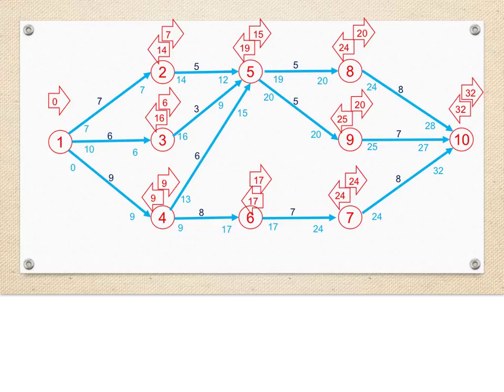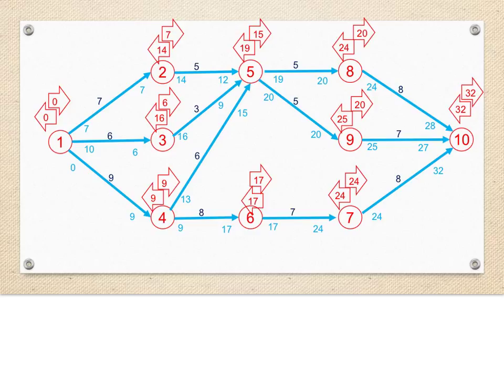We subtract durations one more time to get latest start times of task 1.2 of 7 days. Latest start time of task 1.3 is 10 days, and latest start time of task 1.4 is 0 days. We then select the least latest start time of 0 to represent the LFT of node 1.